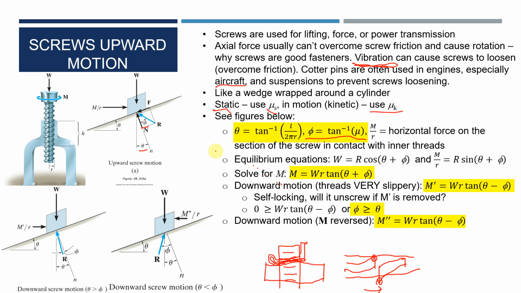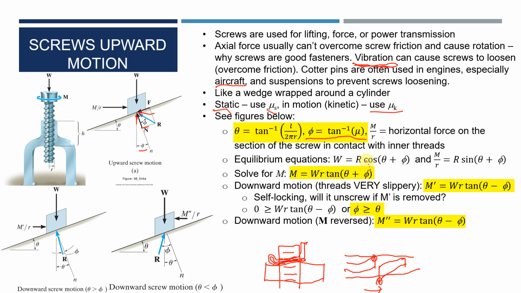R times that, whatever projection it is up this axis, has to be equal and opposite to W. And M over R would be R sine theta plus phi. Solving for M, eliminating R, the moment it requires is W R tangent phi plus theta.